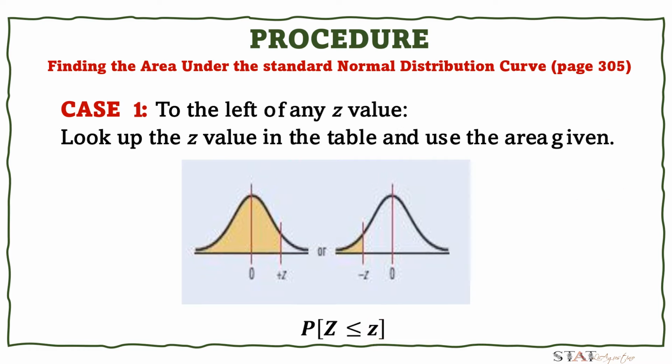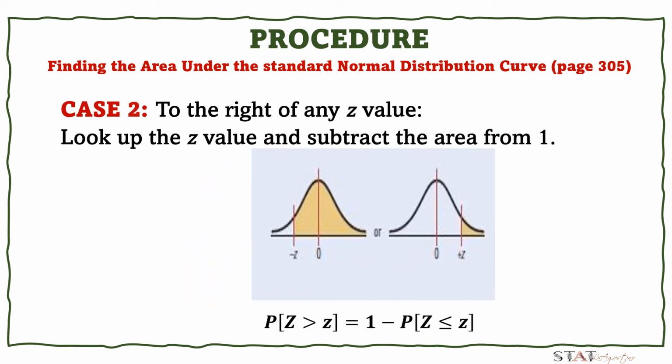For case 2, to the right of any z value. For example, if you are asked, what is the probability greater than the z value? So here, to the right. You have to understand and comprehend the question. To the right of any z value is greater than z.